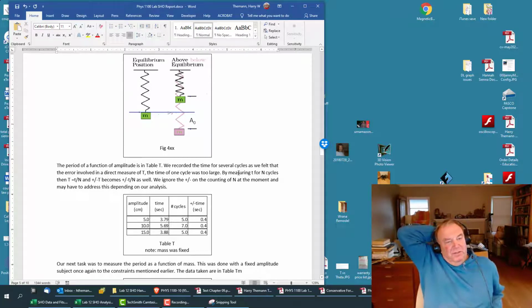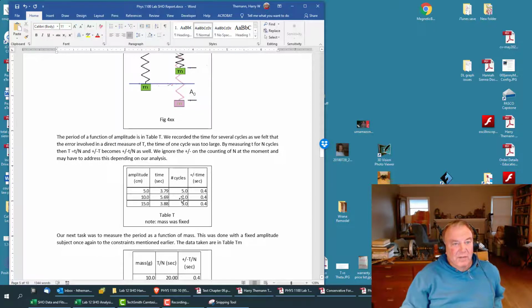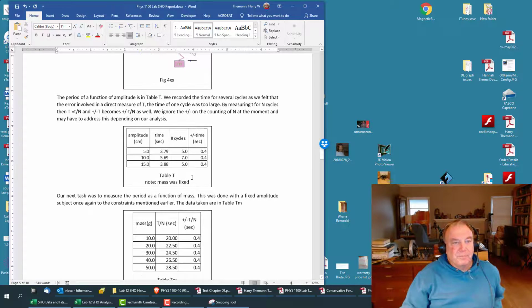What you could say is, look, we did so many cycles, and if indeed there was an amplitude dependence, we realized we'd have to go back and try varying amounts of cycles, for example. But we decided, well, we'll do 5 cycles for now. And if we suspect there's some amplitude dependence, we'll go back and try something else. We did a quick sketch of this, and we didn't see any obvious amplitude dependence, for example.